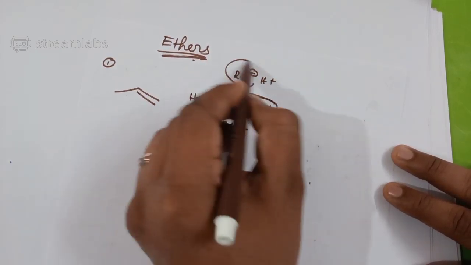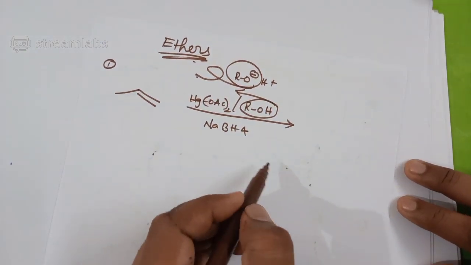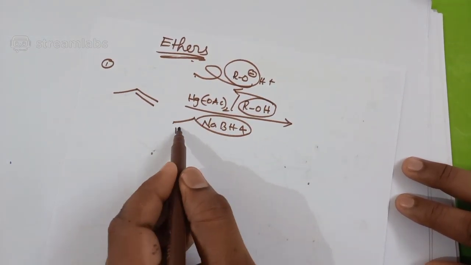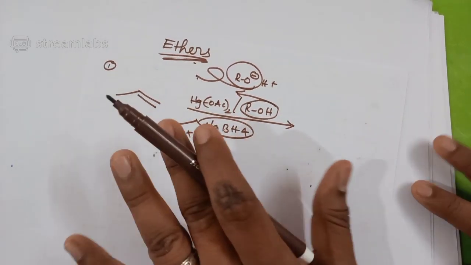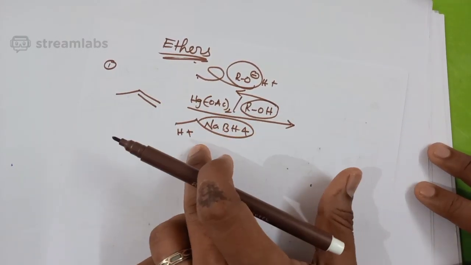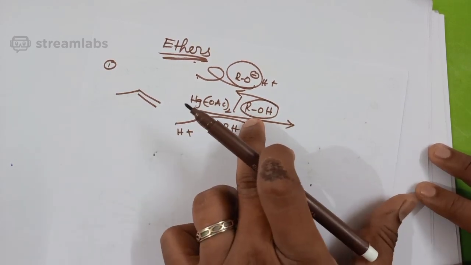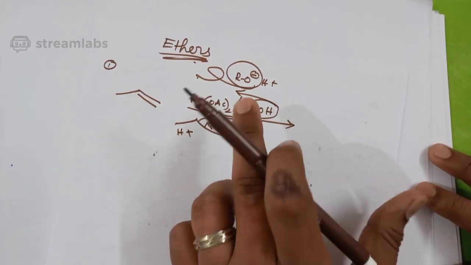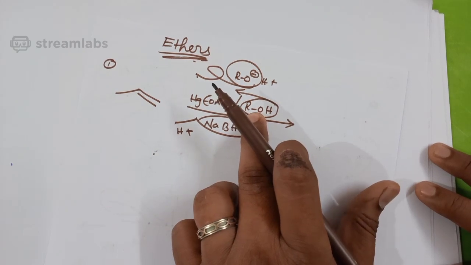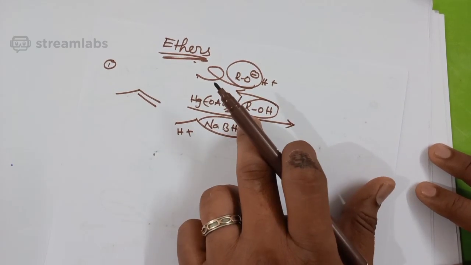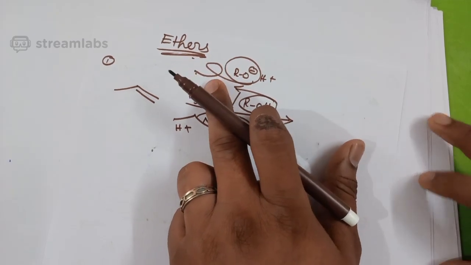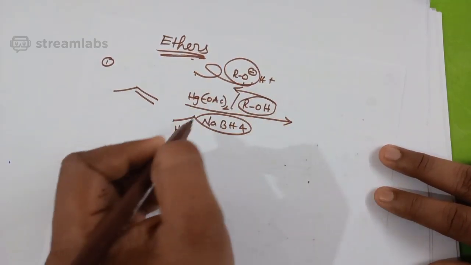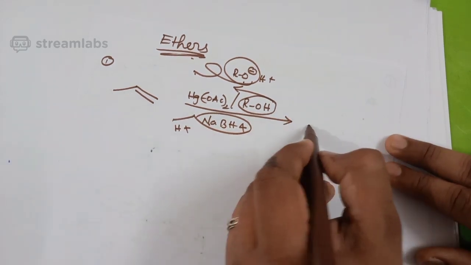That means it loses RO minus and it loses H plus, and it follows Markovnikov, same as previous: H from NaBH4, OH from water. Instead of OH, now I took ROH. That means instead of water I took ROH. So there OH was removed, here OR is removed.